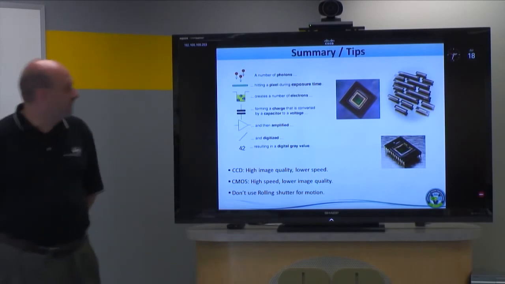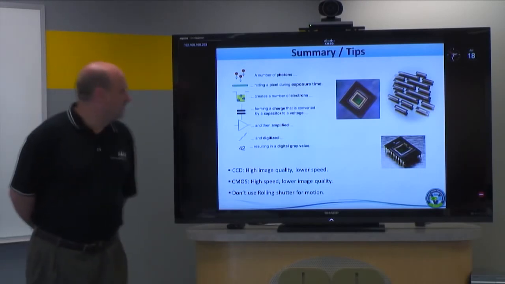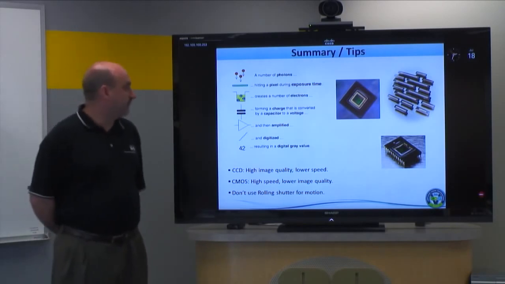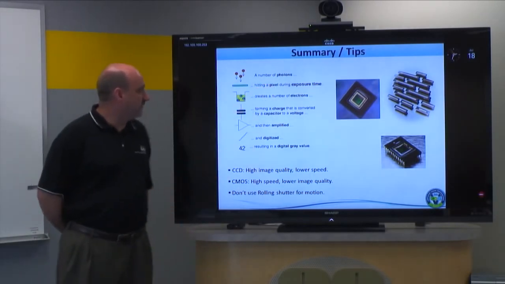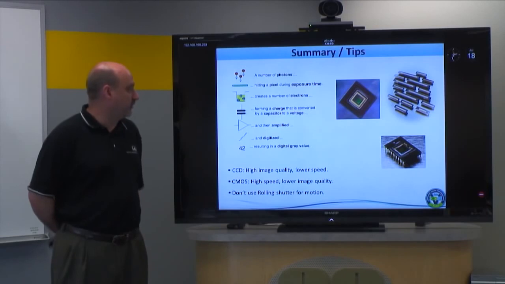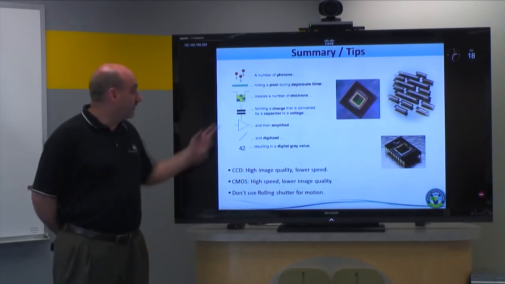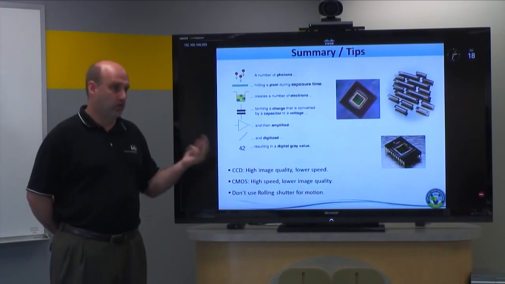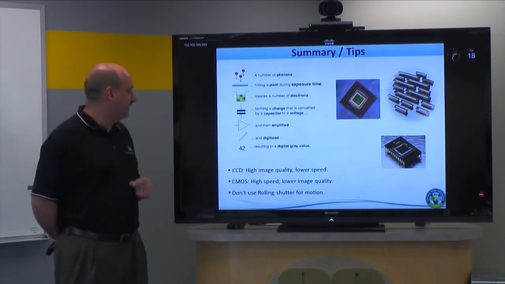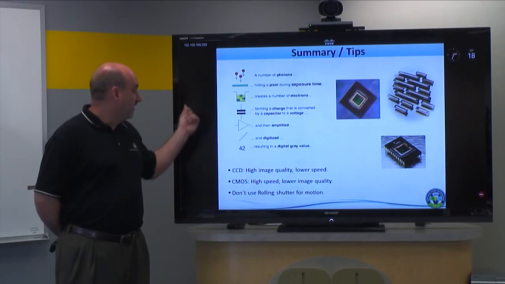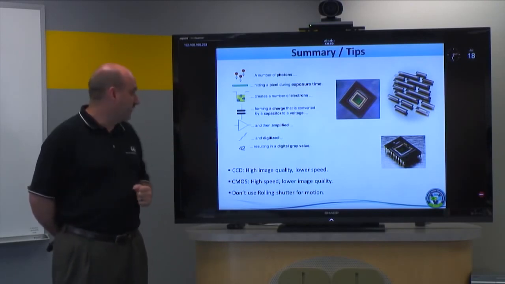So, in summary, a number of photons hitting a pixel during an exposure time creates a number of electrons in the pixel well, which form a charge that is converted by a capacitor into a voltage, or read down the face of the CCD, to be amplified and then digitized, resulting in a digital gray value for that pixel.